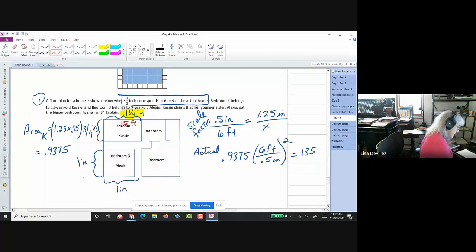Then the same thing with 0.75: 0.75 times 6 divided by 0.5 gives me 9 feet. And 15 times 9 is 135. So you can do it either way. You can convert each dimension and then multiply them, or find the area on the drawing and multiply by the scale factor squared.